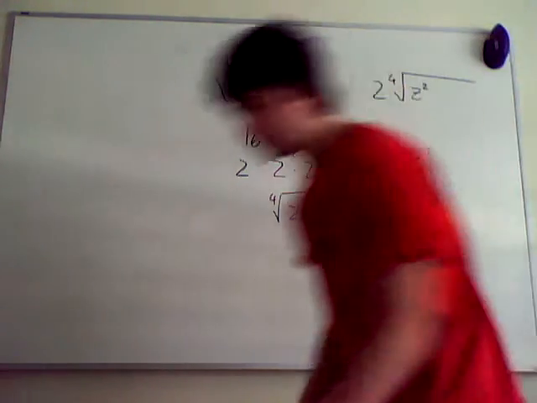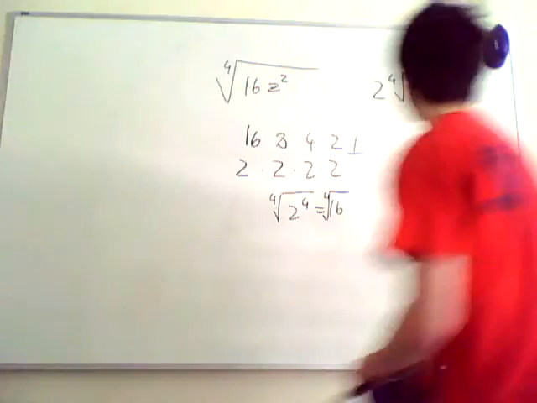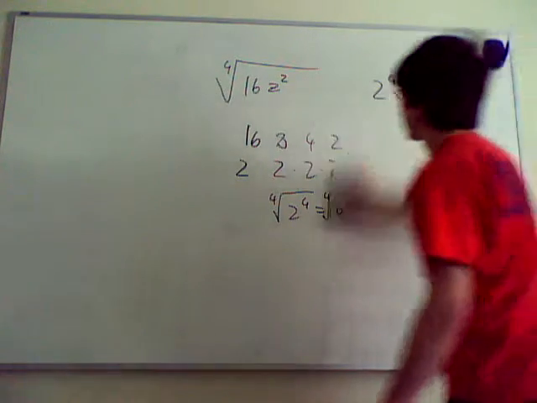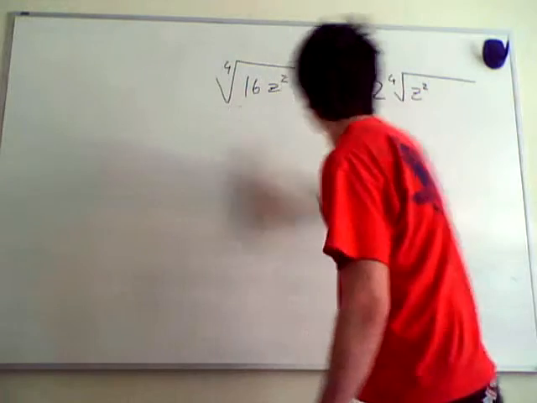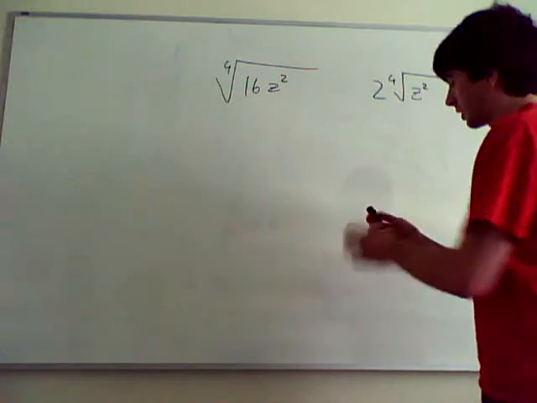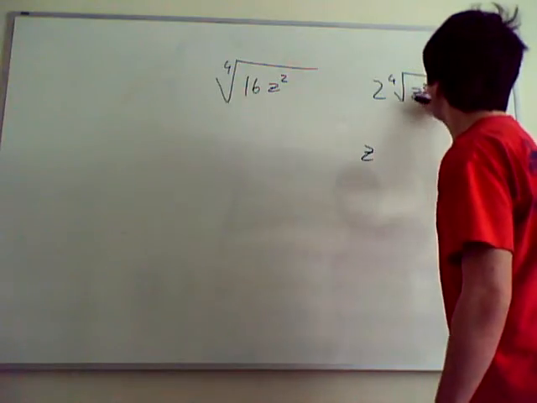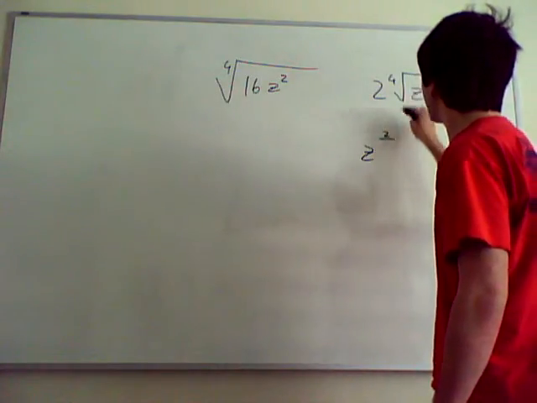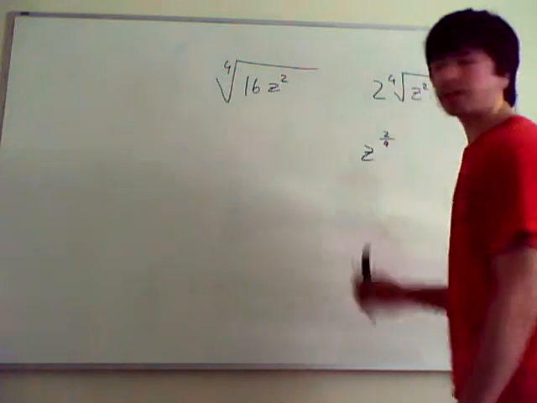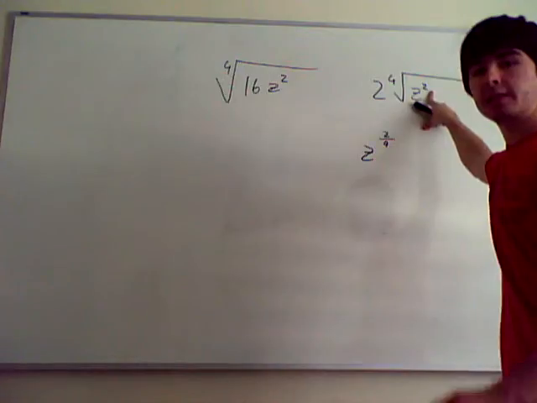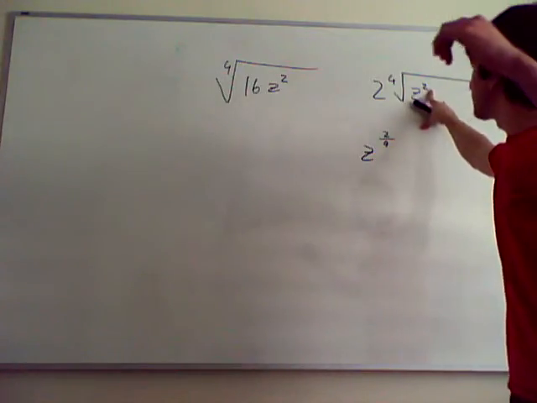So here's how you're going to turn this into a rational exponent now. Remember what I told you before? You do z to the power what's inside and then divided by what's outside, right? Because squaring is making it go higher.